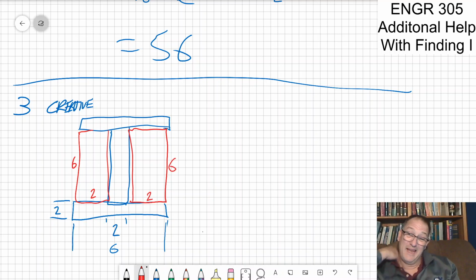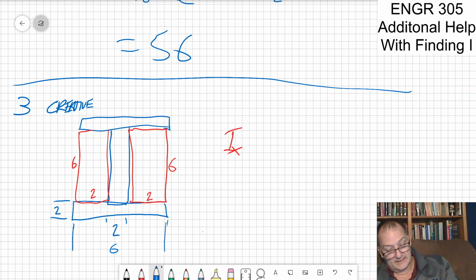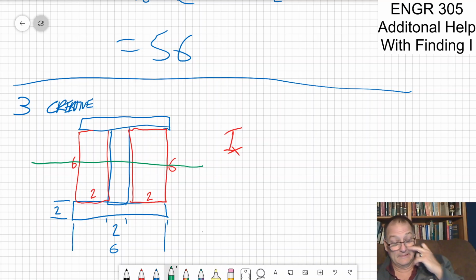Well, now you've got a different way of solving it. If we're trying to solve for IX, this has a neutral axis here, and I've got a different way of doing this. Let me draw. I'm going to use colors to denote things.